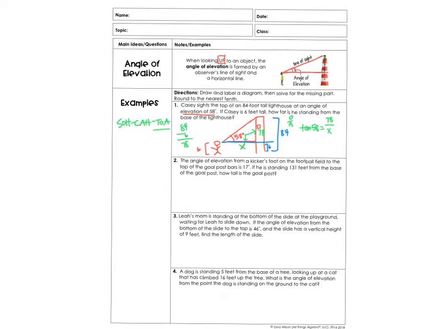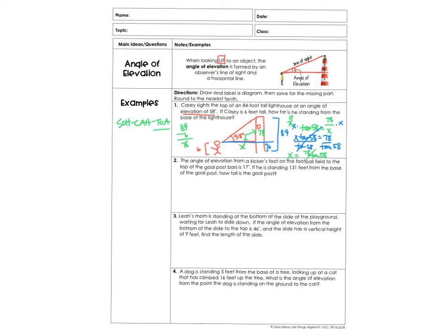Okay, so you should be familiar at how to find X here. You multiply by X. So X tangent 58 equals 78. And then you divide by tangent 58. And if you notice, every time the X and the tangent 58 just swap places. So what we have is X equals 78 over tangent 58.